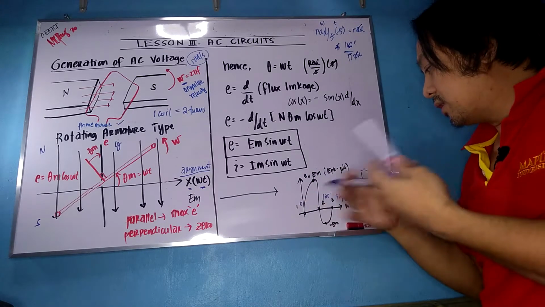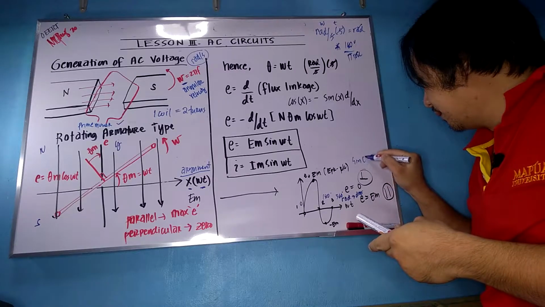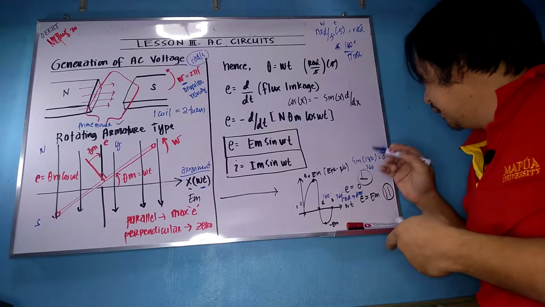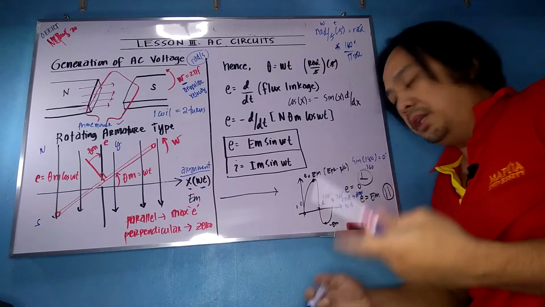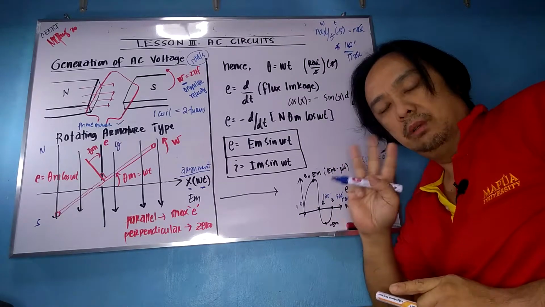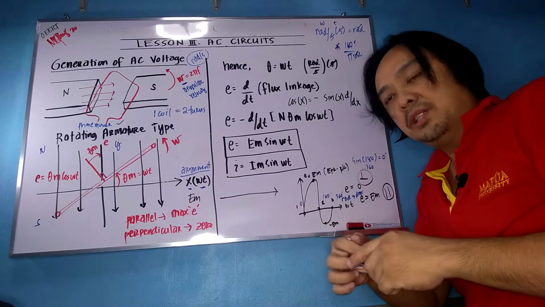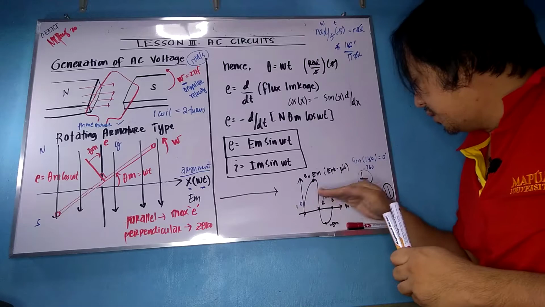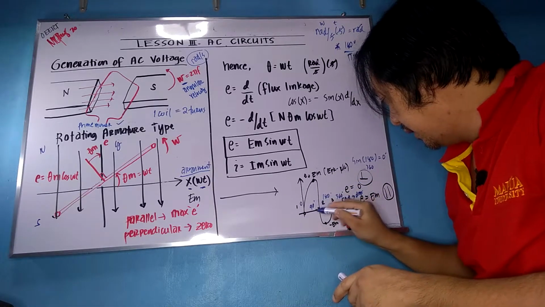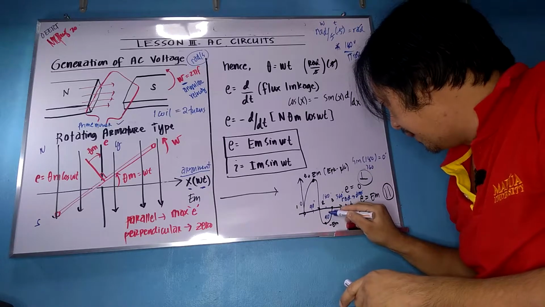If you consider the sine function, you will yield an e equal to 0, because you have 3 positions of your instantaneous voltage at the 0 position. And you have 90 degrees, as you can see here, for a maximum position.